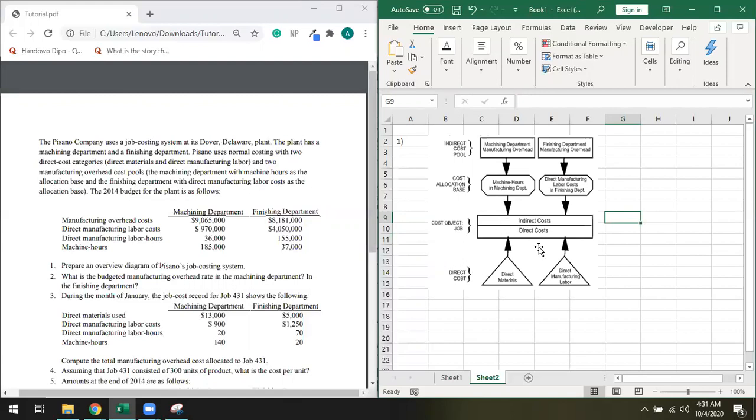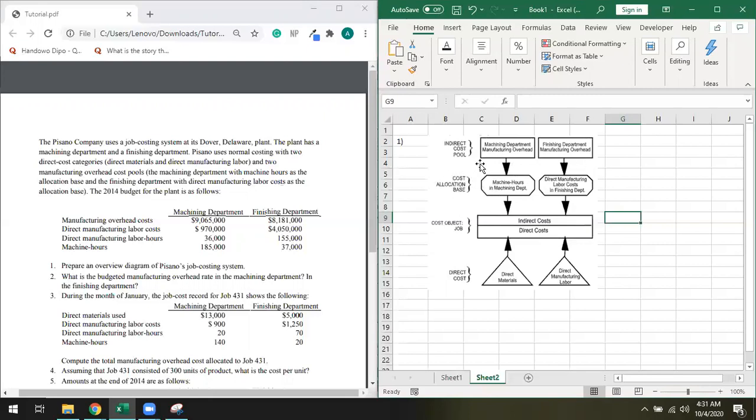The job itself consists of direct costs and indirect costs. The direct costs consist of direct materials and direct manufacturing labor. As for indirect costs, also known as manufacturing overhead costs, they consist of two types of cost pools. The first one is machining department manufacturing overhead and finishing department manufacturing overhead.